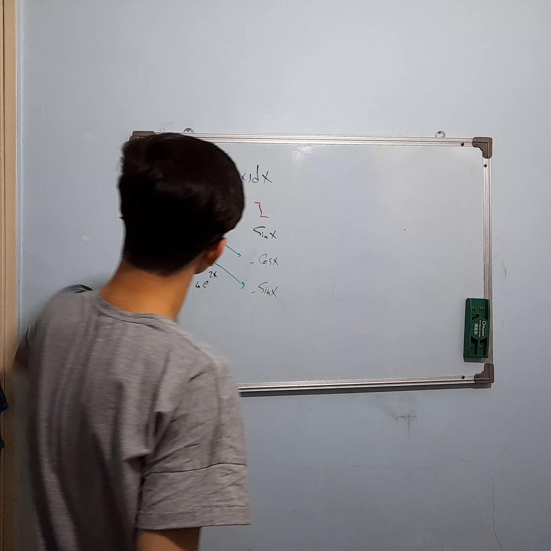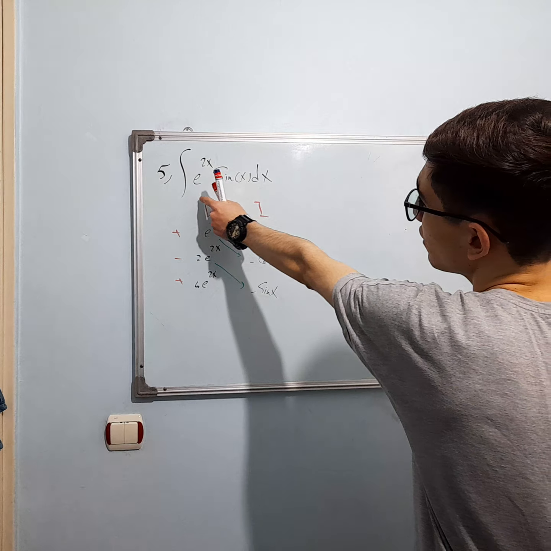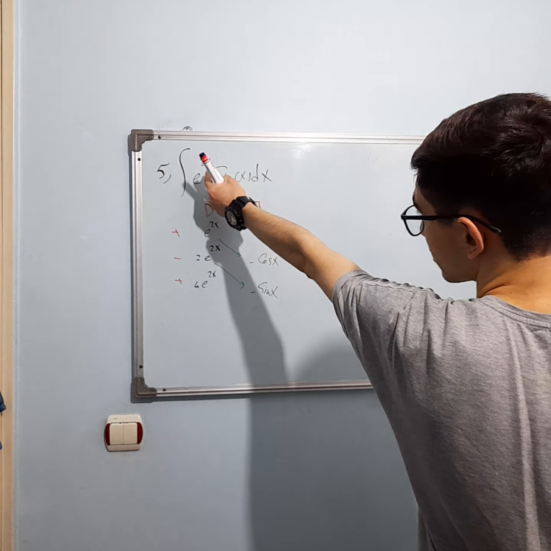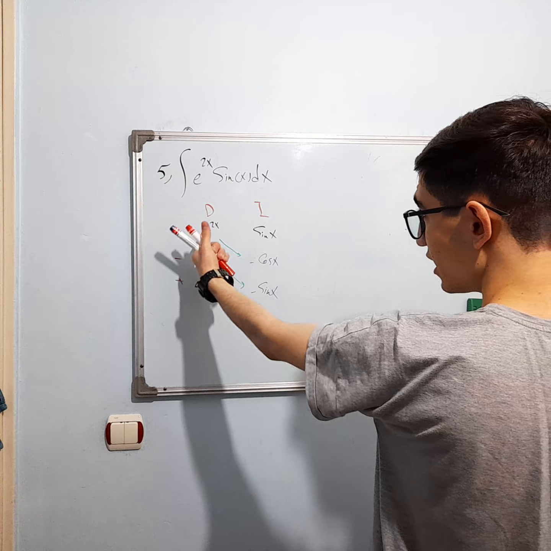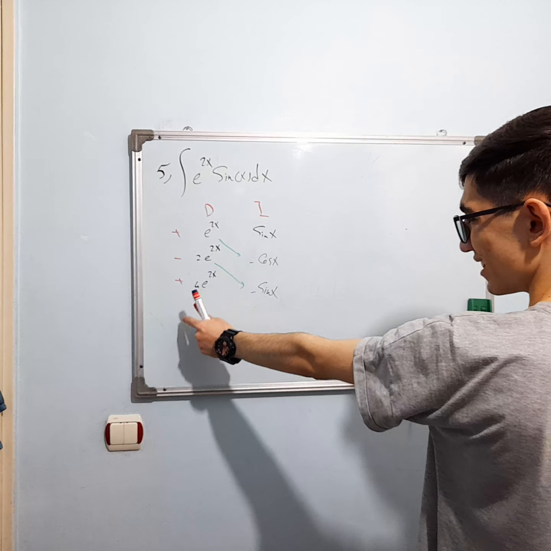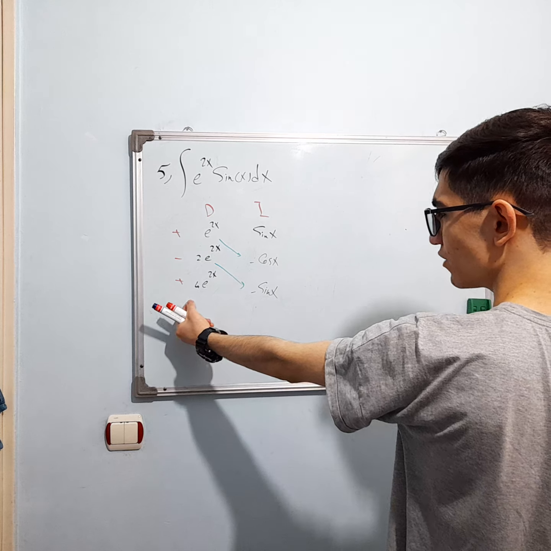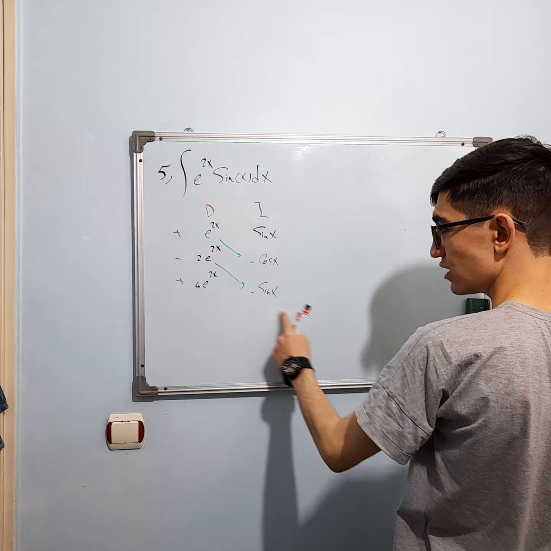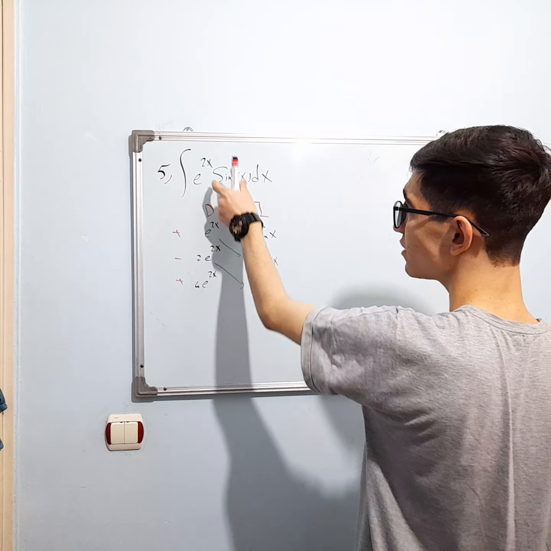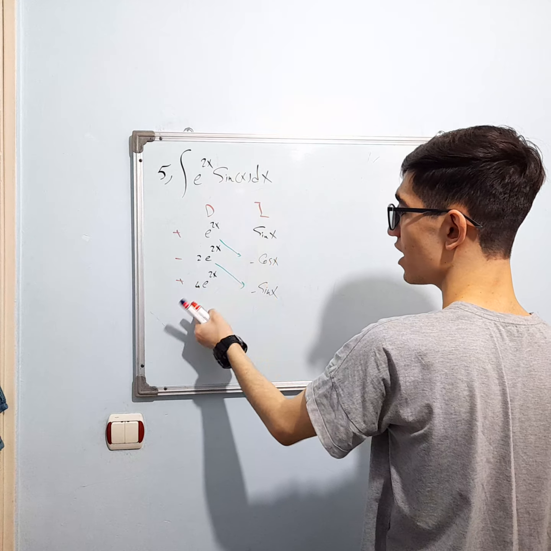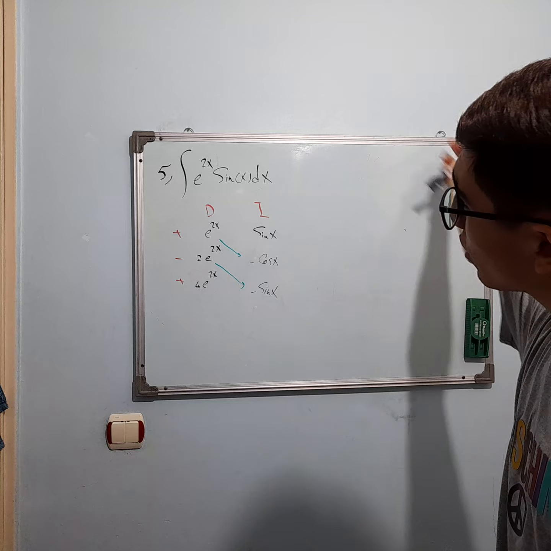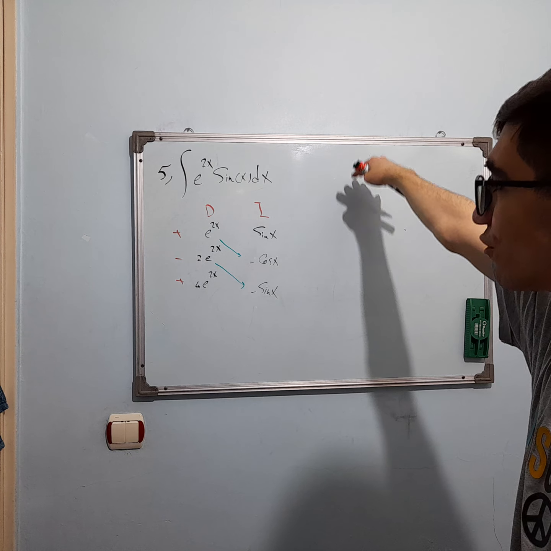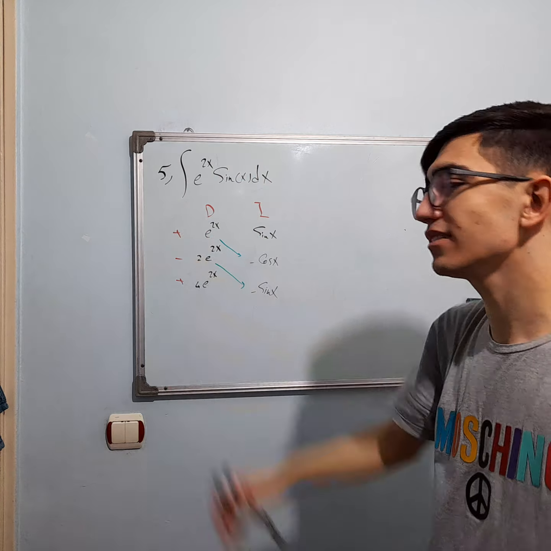Now what? See guys, here you have e to the 2x, sine x dx. If I multiply these, finally I have to check the integration of this last row, and it's the same as the original, the variables and everything. Finally I will bring it from here over and divide everybody by the number behind it.